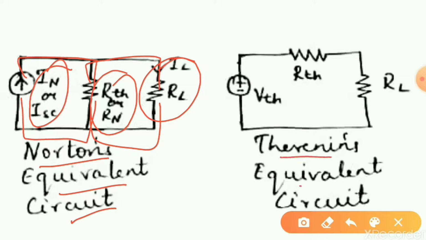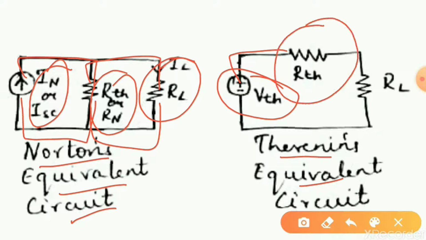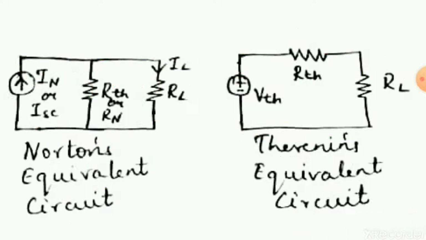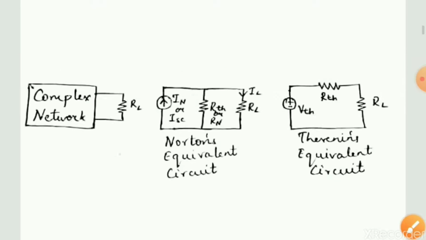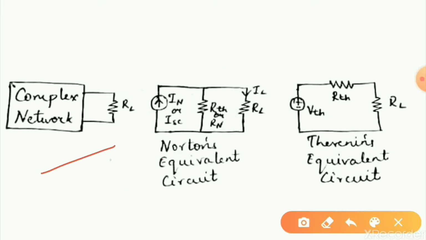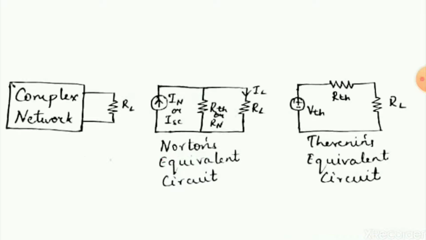When we need to draw Thevenin's equivalent circuit, it can be obtained by drawing VTh, that is Thevenin's voltage, in series with Thevenin's resistance RTh in series with load resistance RL. So for any complex network given, we can obtain Thevenin's equivalent as well as Norton's equivalent.